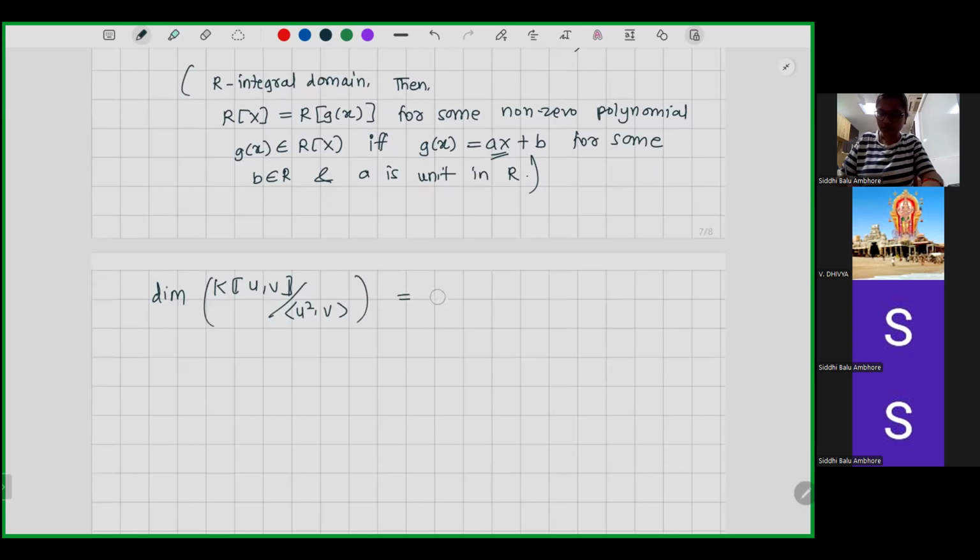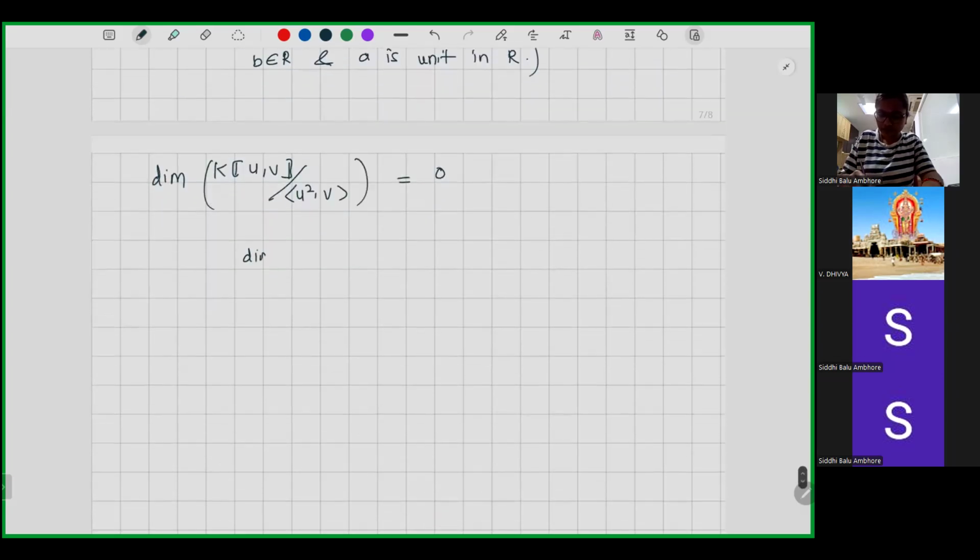Because the dimension of this ring, the spec of k[u,v] quotiented by (u square, v), is just this ideal.